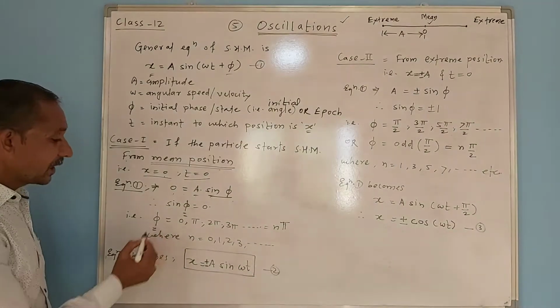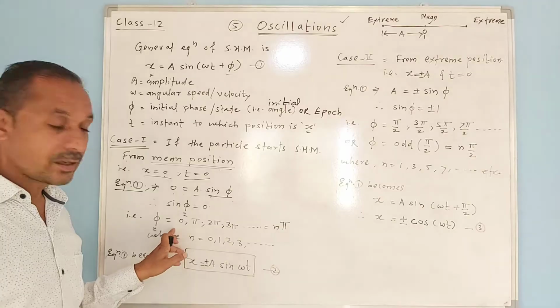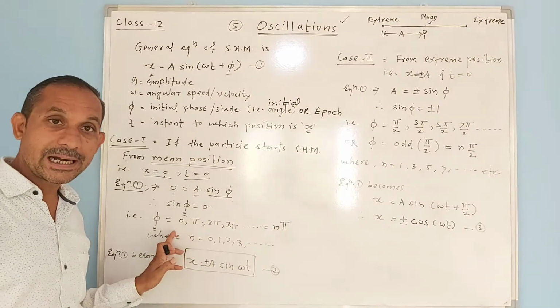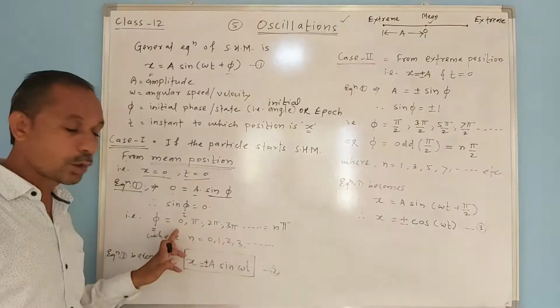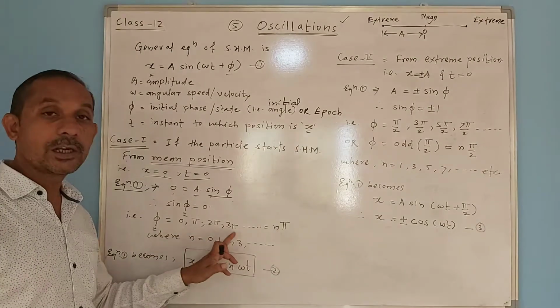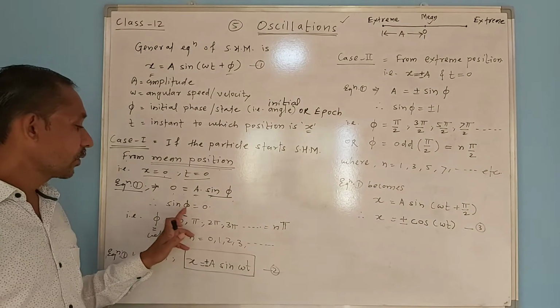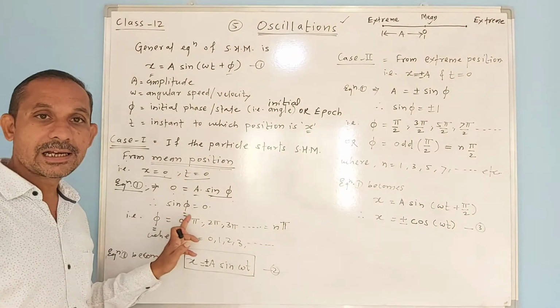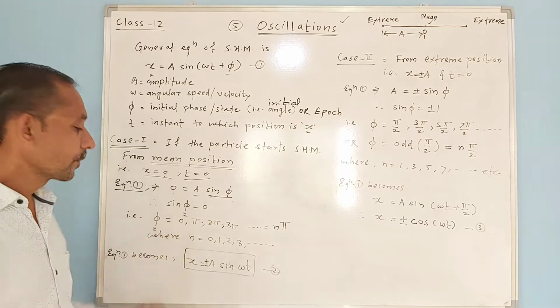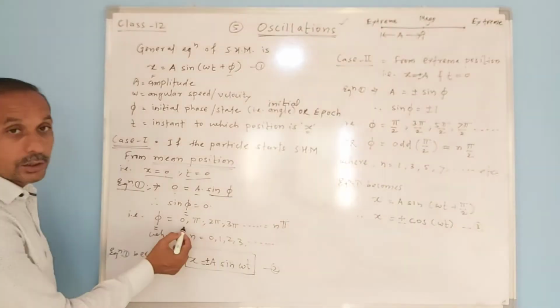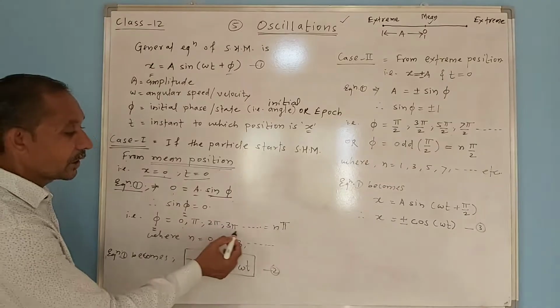For all these angles, the sine of the angle will always be 0. So sine phi equals 0 means phi must be equal to 0, pi, twice pi, 3 pi.